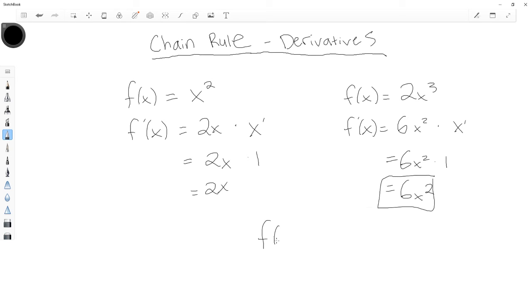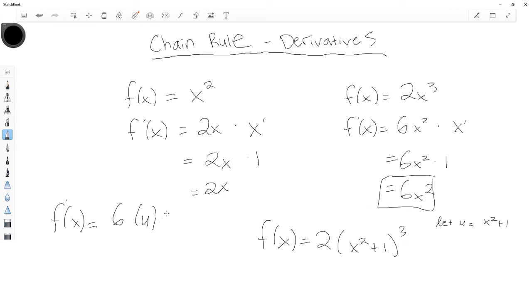Now if we were to take this and say, well, let's put x squared plus 1 cubed, well, then it would change. So now we can take the derivative of this. Let's let u equal x squared plus 1. So this will be 2 times 3, so let's just rewrite that as 6 u squared times the derivative of u.